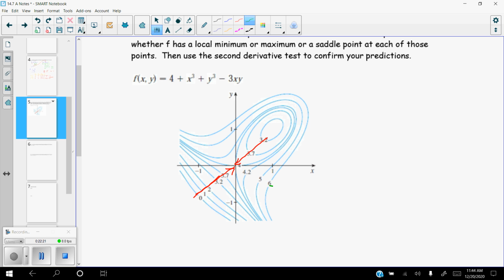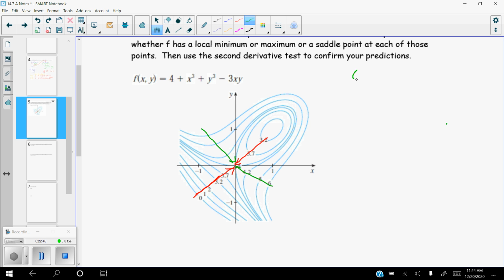I'm going from 6 to 5 to 4.2 down to 4. And then it's the same thing on the other side, because these level curves follow all the way around. It's going from 6 to 5 to 4.2 down to 4. So what it looks like is that it's increasing in the direction of the red arrows, but it's decreasing in the direction of the green arrows, meaning that this is most likely a saddle point.